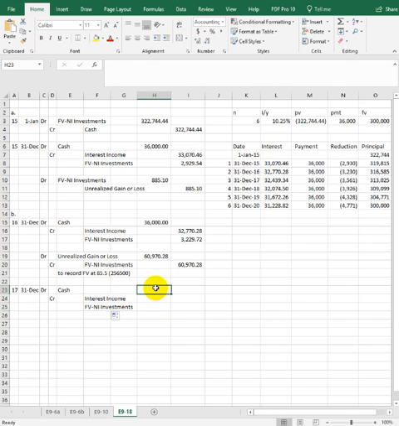So the cash is equal to that payment of cash, and the interest income is equal to that payment of interest income, and the fair value through net income gets adjusted by that amount. Okay, and of course, once again, I forgot to put the negative sign up. There we go.